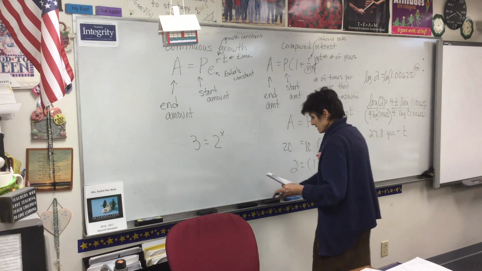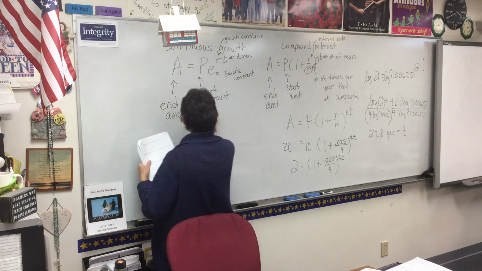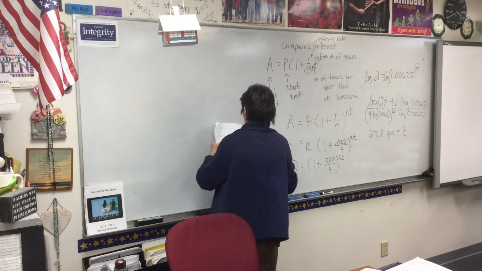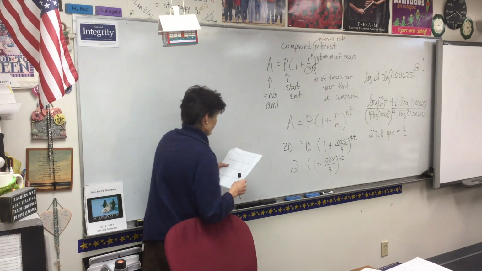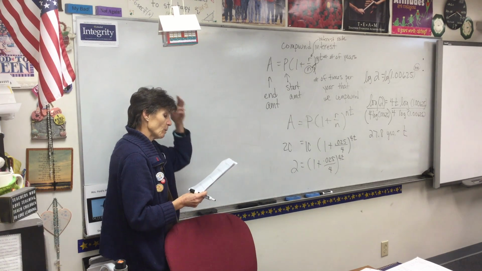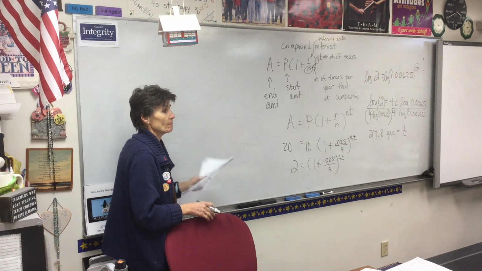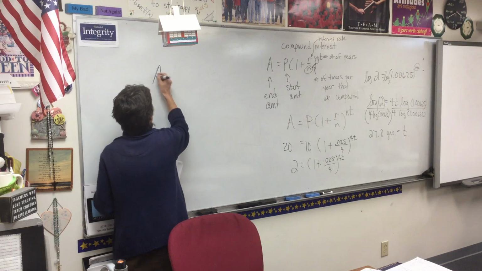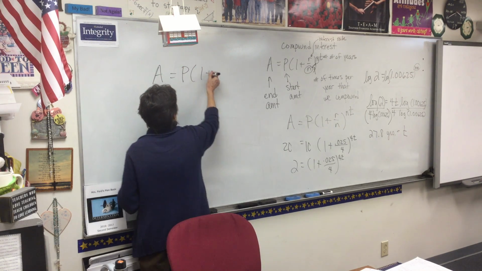How much will be in the account at the end of 10 years if $1,230 is invested at 3.125% interest compounded monthly? Same formula. Everybody good with that?